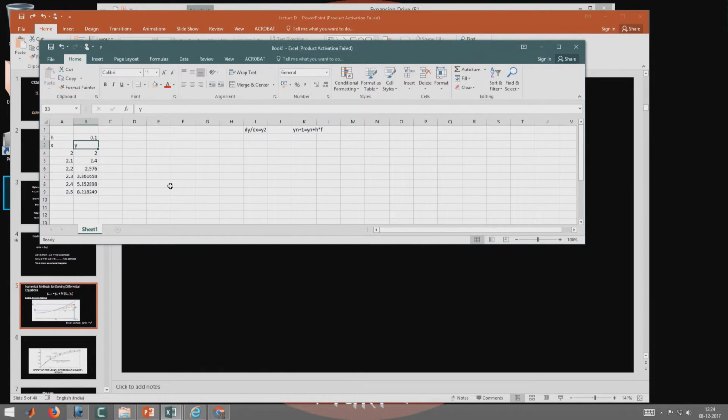Okay. So, these type of methods you need to have a very small step length. So, the number of calculations keep increasing if you have smaller step length.